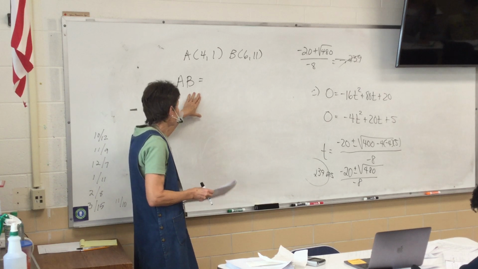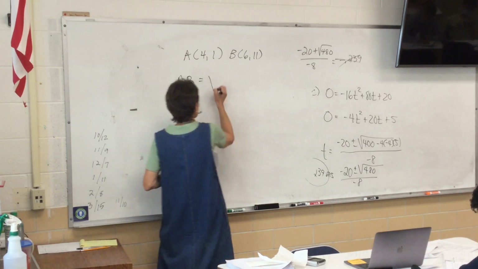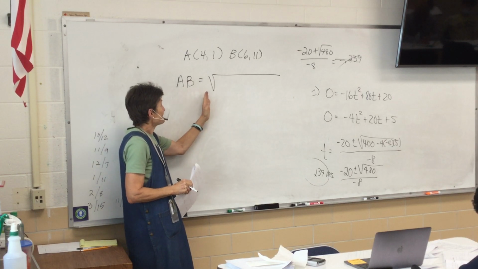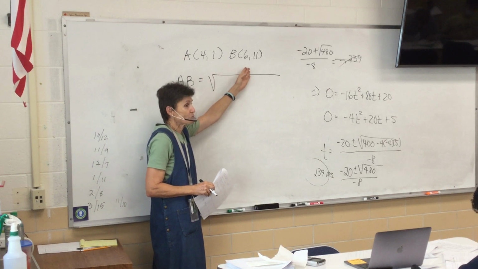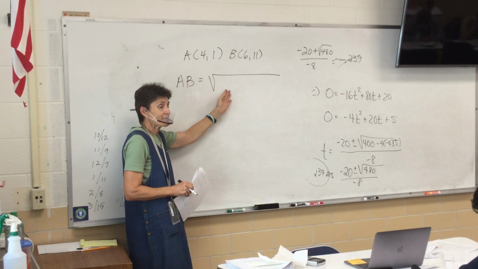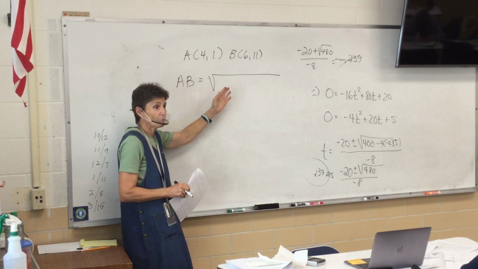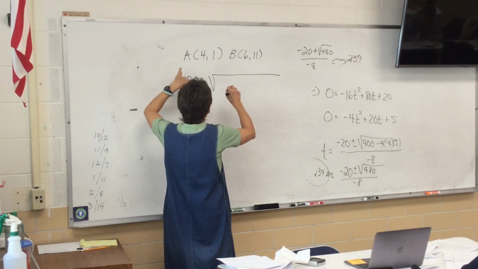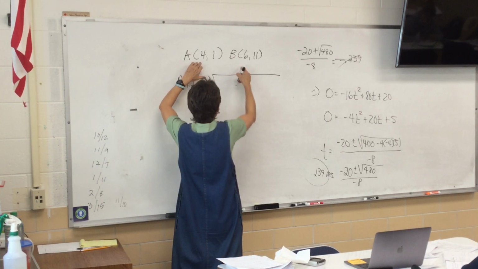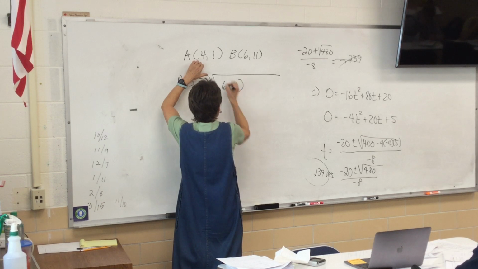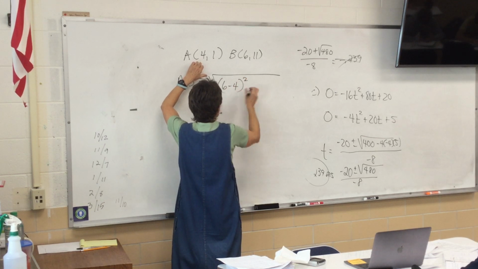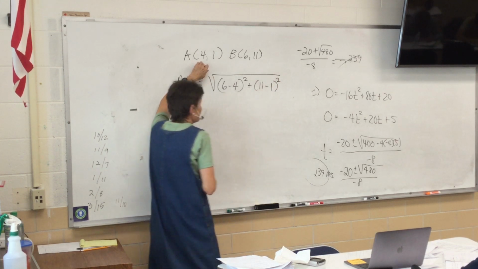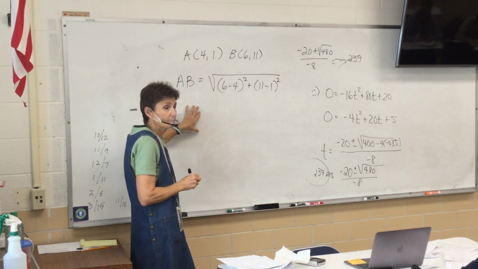So you gotta know that this means distance. This should be a gimme problem. We want the distance between these 2 points. So how does that formula work? What do I do underneath that radical? I subtract my x's and square it. I subtract my y's and square it. And that's what I do.